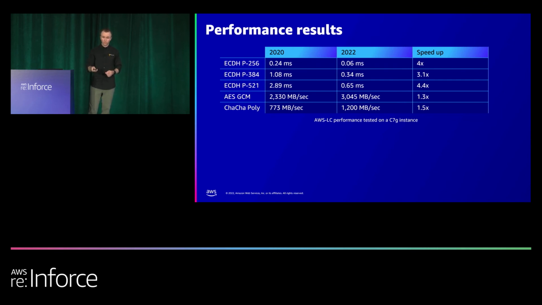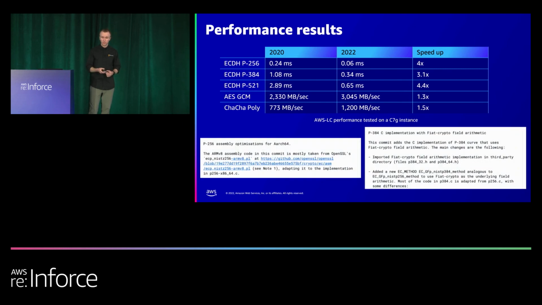So we accomplished all of this through a combination of algorithm improvements and taking better advantage of the hardware capabilities available to us. And what's really exciting is we're able to share some of these performance improvements with the broader cryptographic toolkit community. So we took the lessons we learned from developing these performance improvements and contributed them back to other open source libraries.